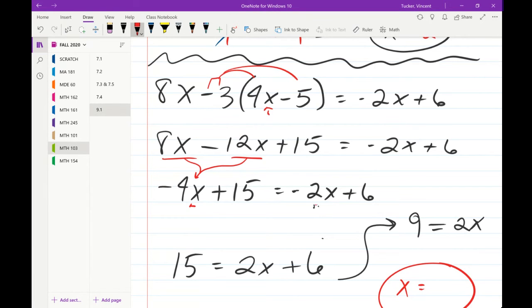All right, so now we have the scenario as we had before, in which we have our x terms in two different places. So last time I took my x term to the left, I'll take it to the right this time. It doesn't matter. Just trying to show you that it doesn't matter as long as you do it correctly. So I'll add 4x to both sides.